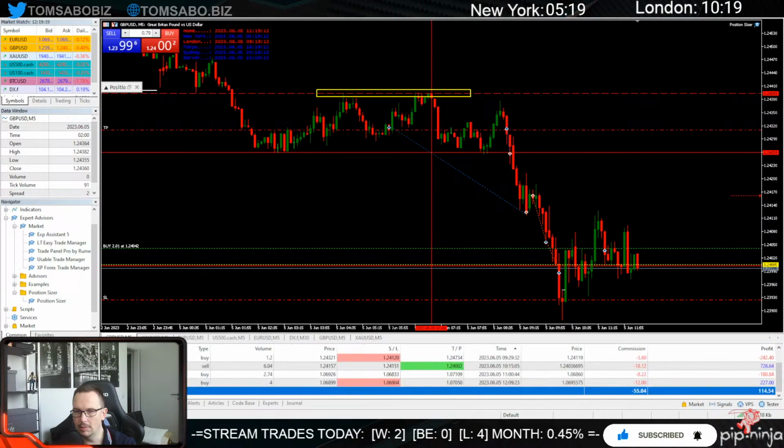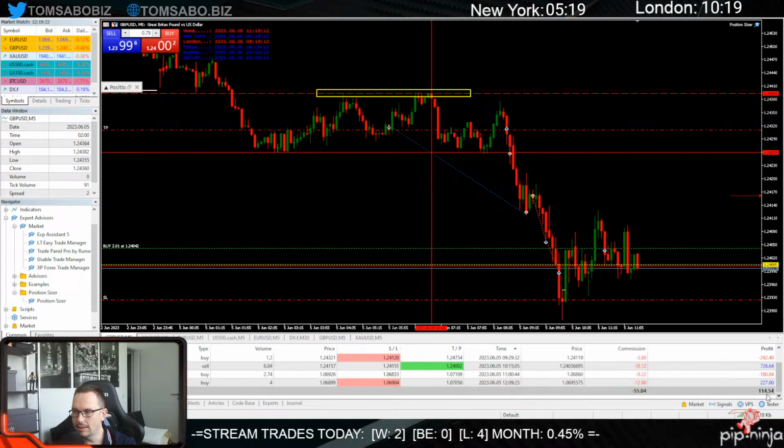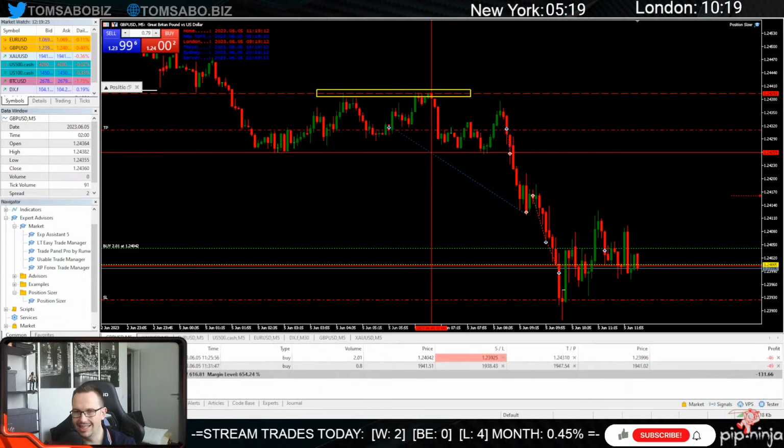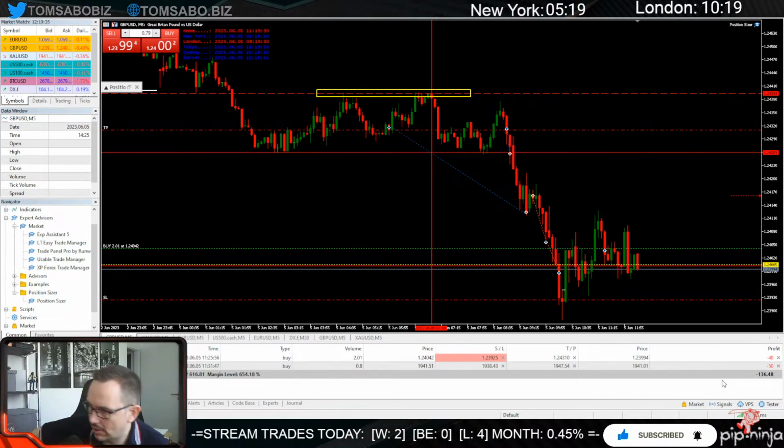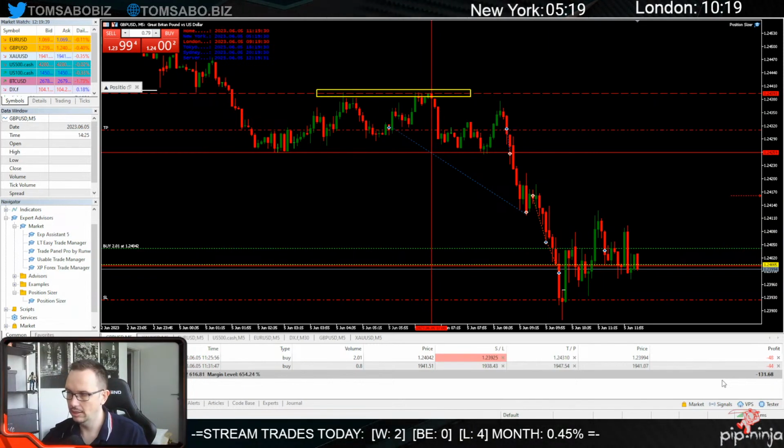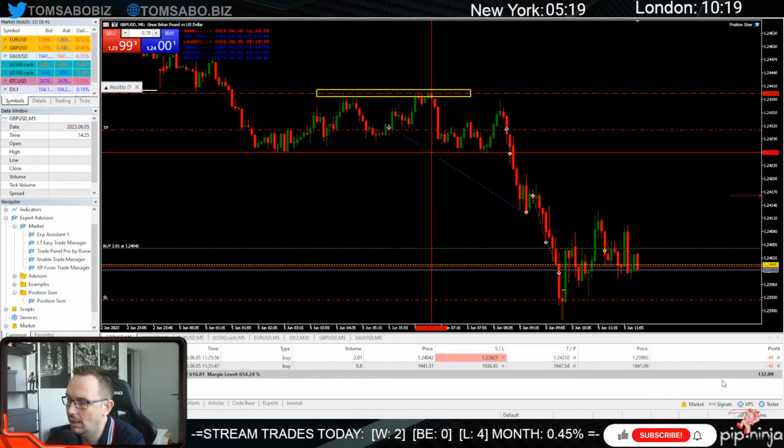Since I'm a little bit up money-wise, over $100 in positive territory for today, I'm considering to exit manually from these trades and call it a session. And you know, protect my capital a bit, because so far it doesn't look good. I really wanted to see a turn, but it's not gonna happen, I think.